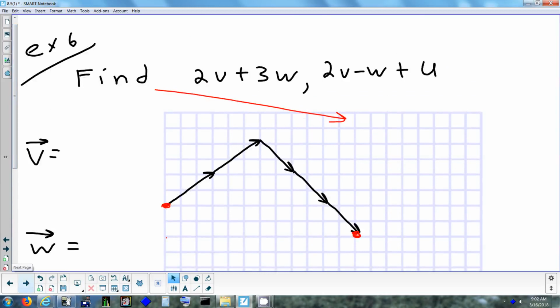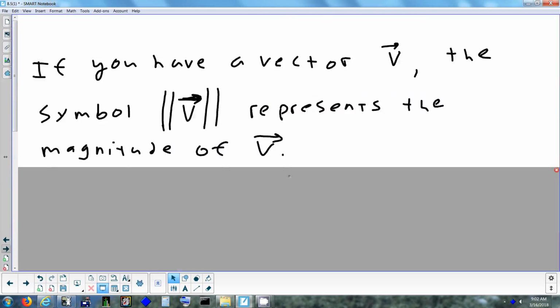All right. So, speaking of length, there's a symbol that we use, and if you see a vector with double bars around it, that symbol means they want to know the magnitude of the vector.